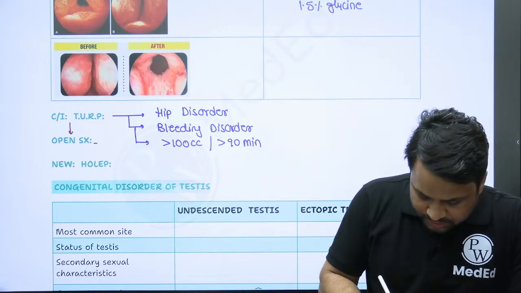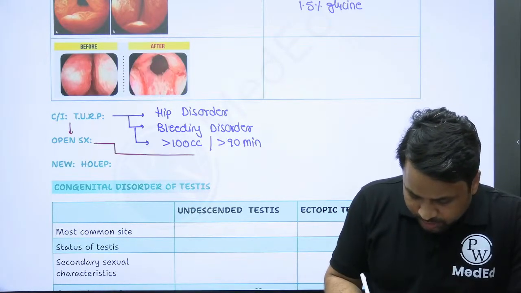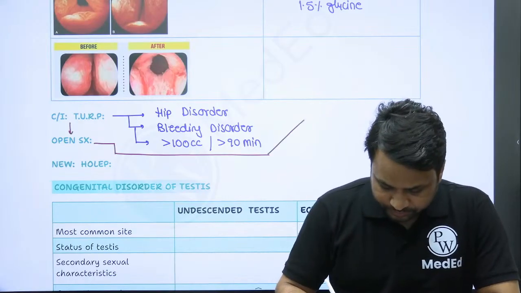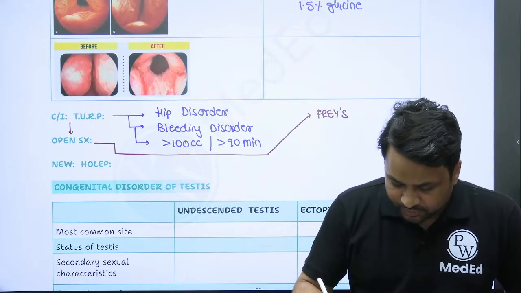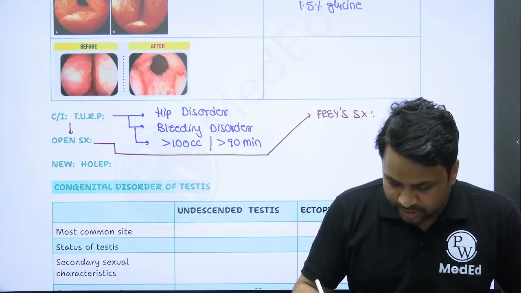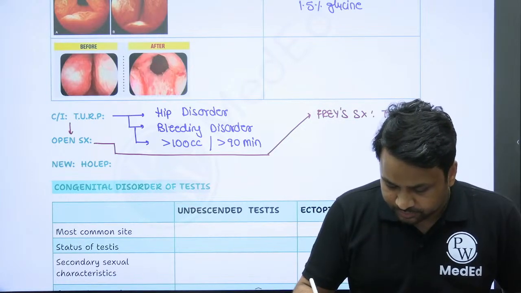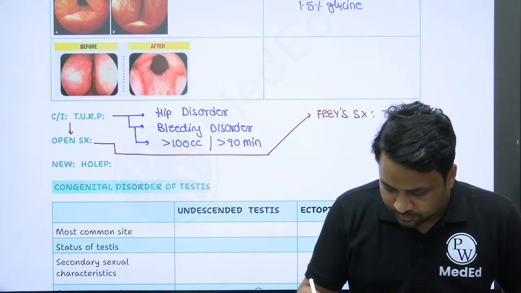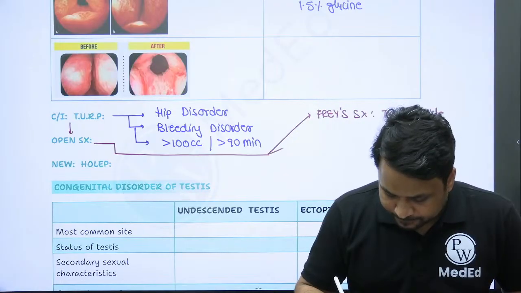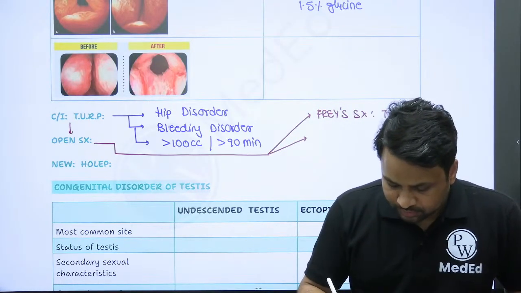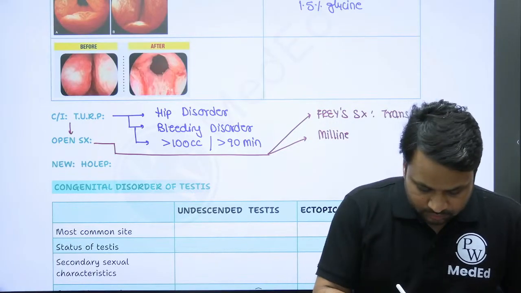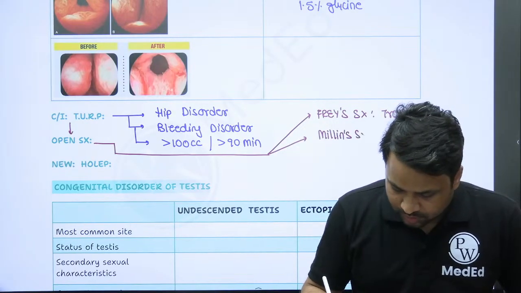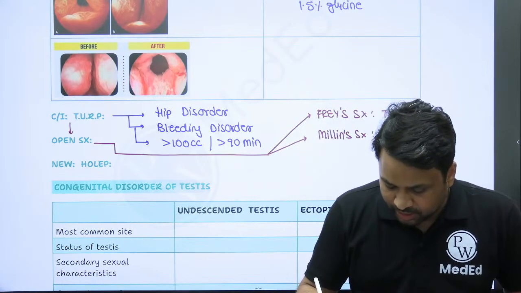Now, just for the sake of understanding, the open surgeries that we have. Freyer's surgery is going to be transvesical. Then you have Millin's surgery. Millin's is going to be retropubic.